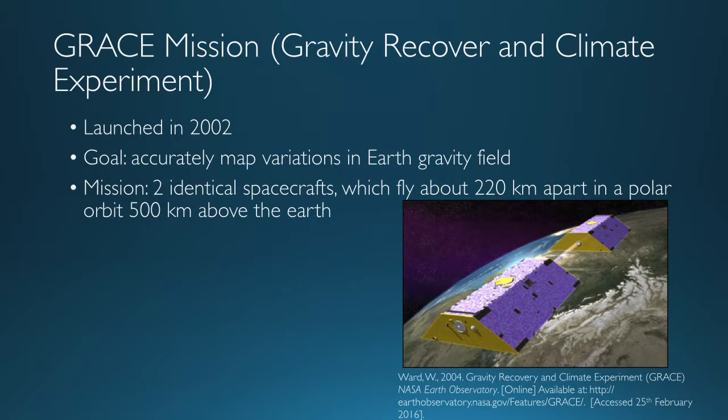They have two identical spacecraft which fly about 220 kilometers apart in a polar orbit 500 kilometers above the Earth. The image here shows the two spacecraft. It is definitely not to scale. In reality, the two satellites would be a lot further apart, but it gives you an idea of what they look like.